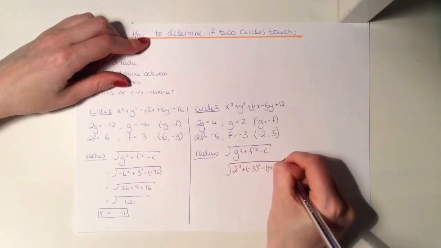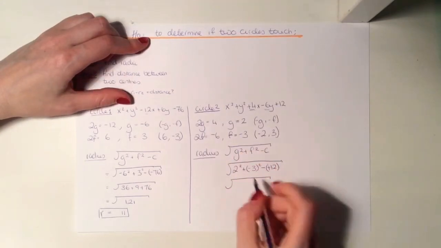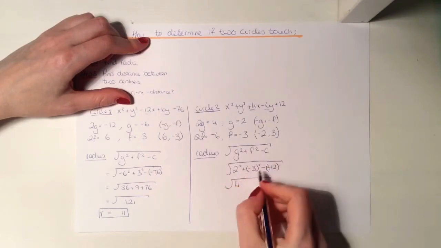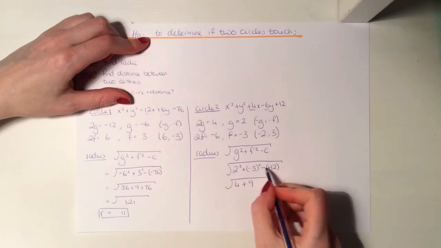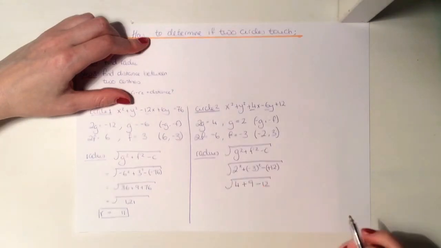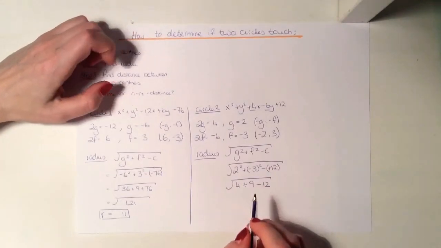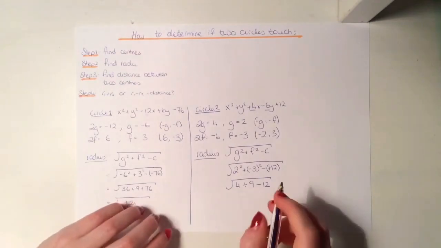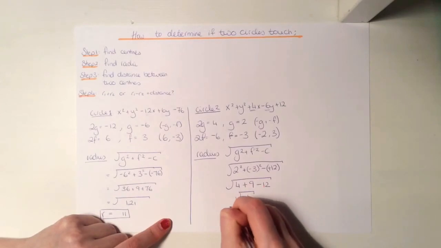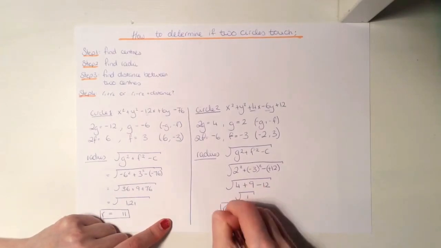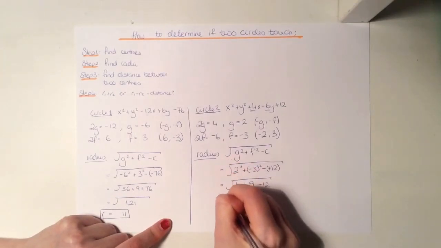Okay, so be careful of your signs here. So we have 2 squared is 4, minus 3 squared is positive 9, minus times plus gives me minus 12. So 9 plus 4 is 13, 13 take away 12 gives me 1, square root of 1 is 1. So my radius for the second circle is 1.